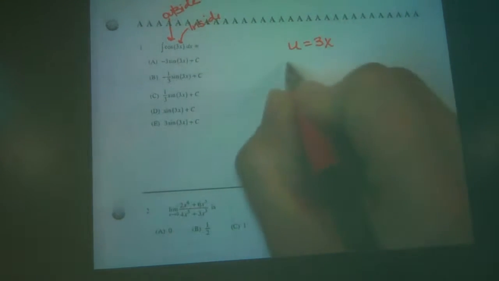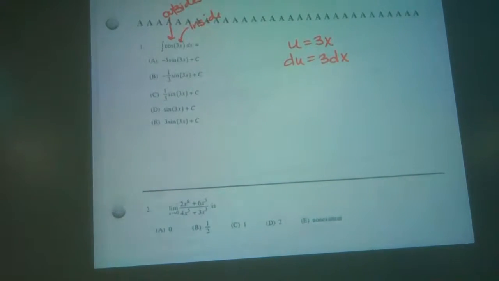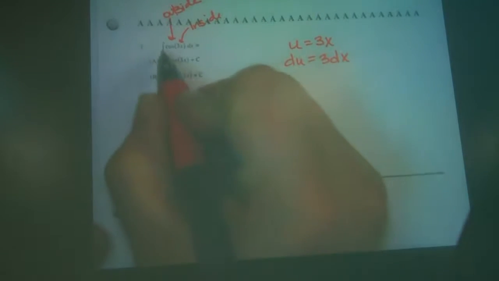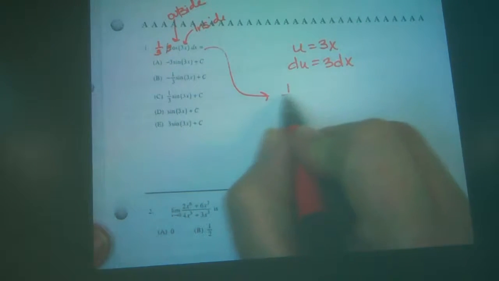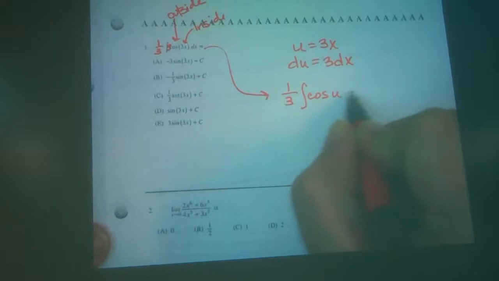So the derivative of that would be 3, which we don't have. So we have to give ourselves a 3 on the outside and balance it with a 1/3. If I rewrite this, it becomes 1/3 cosine u du.